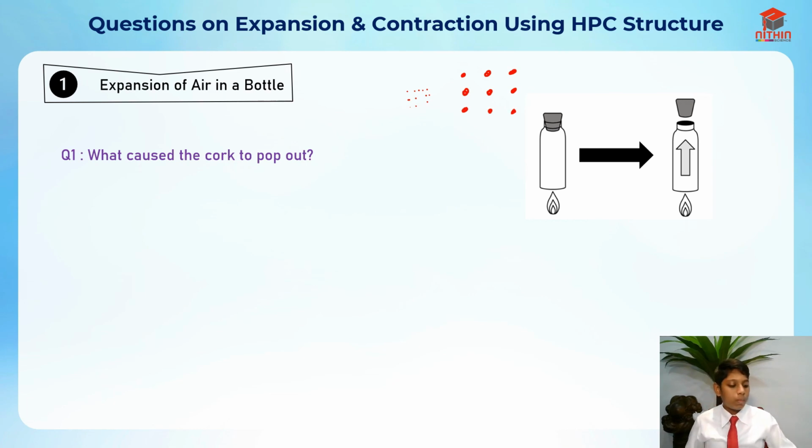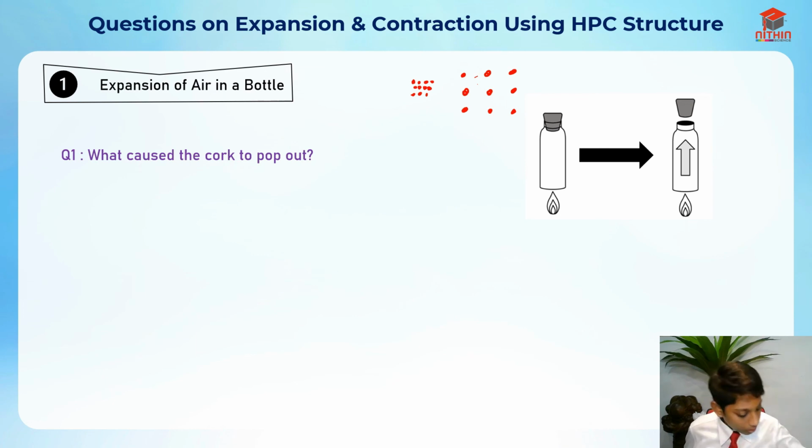This is the expanded version. Before expansion, they look something like this, very closely packed to each other. After expansion, they are far apart from each other, even though there's the same number of molecules.